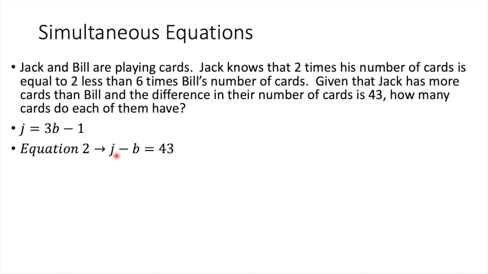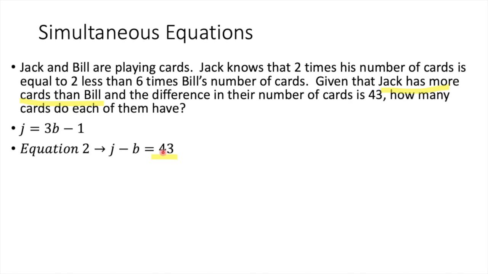So we can write that as j minus b is 43 because the question does state that Jack has more cards than Bill, which means that if the resultant of their difference is a positive number, it must be j minus b and not b minus j.